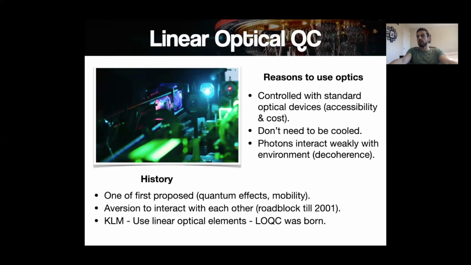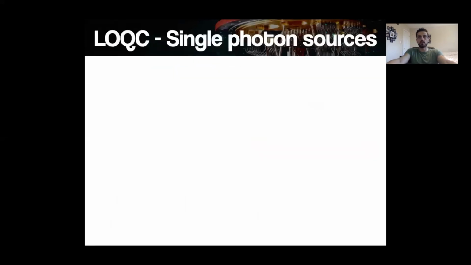But these are, while theoretically possible, technically challenging to work with. Linear optical elements, on the other hand, are much easier to work with. And linear here means the same thing as it does in your math course. It's that the outputs are a linear combination of the inputs. So LOQC, linear optical quantum computing, was born.